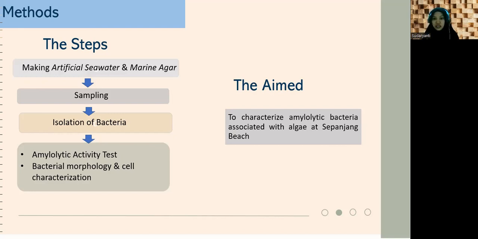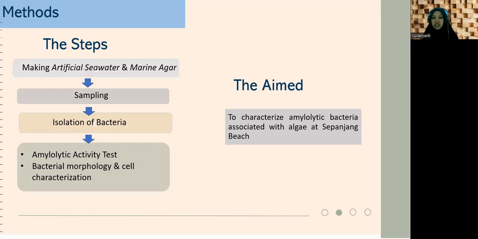After isolation, it was diluted serially to 10 to the power of 4, then 100 microliters of the diluted sample was taken and put on natural media and spread using an L-glass. The sample was then incubated at room temperature with the agar on top.